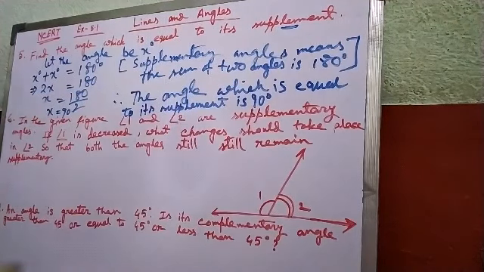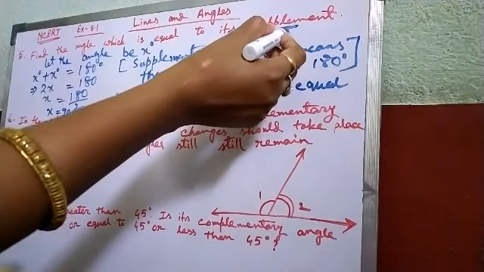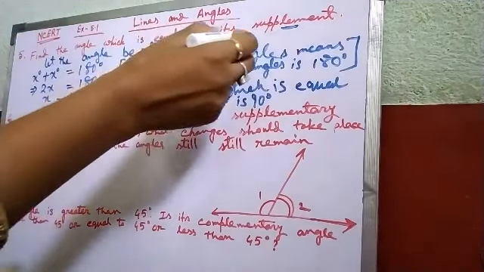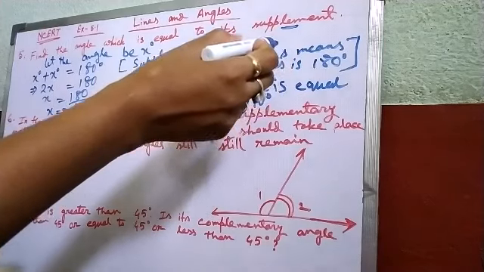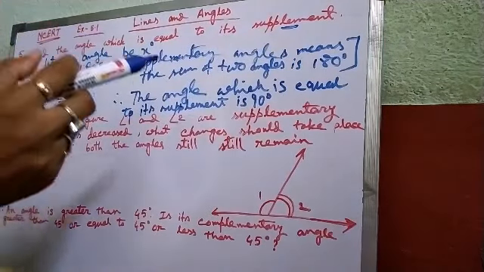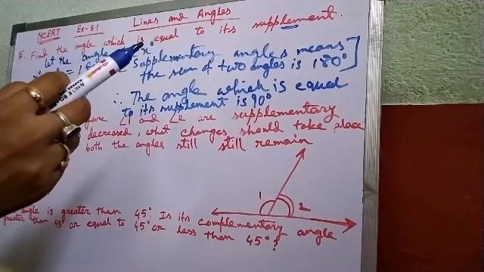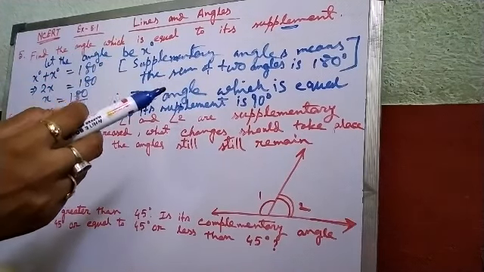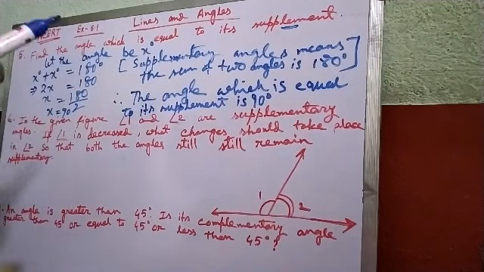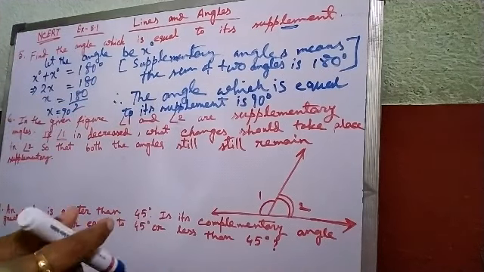If complement is given instead of supplement, that is, find the angle which is equal to its complement, then the sum of two angles will be 90 degrees. There also we have to take one angle as x. Then the same process will be done. That question is given in question number 4.